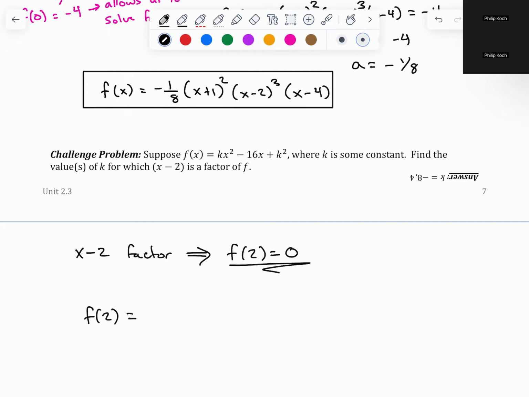But remember, f is a function of x. It says f of x here. So I'm plugging in 2 for the x's only. So this would be k times 2 squared minus 16 times 2 plus k squared. And that has to equal 0. F of 2 equals 0.